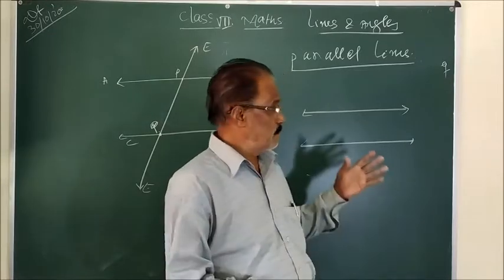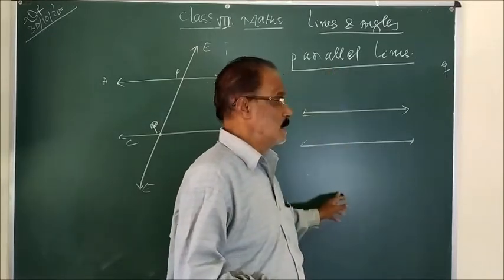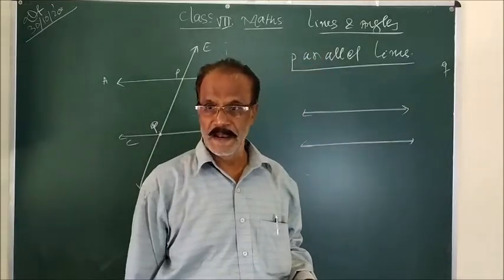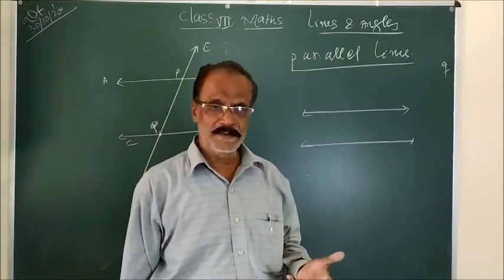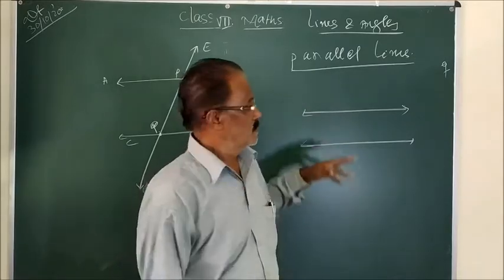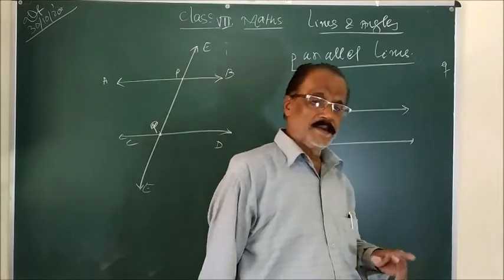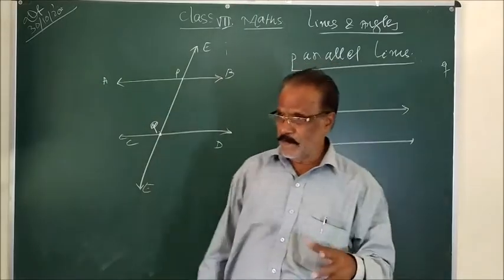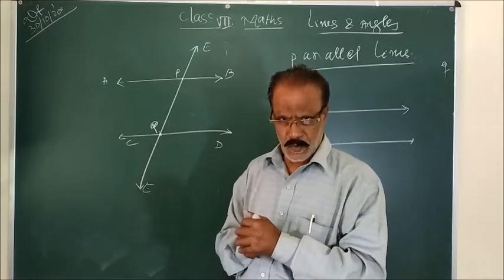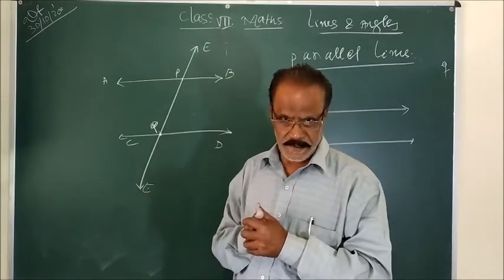If they are in different planes, suppose one line here and one line on the ground or on another plane, they will not intersect, but that cannot be called parallel lines. So parallel lines means those lines which lie in the same plane and never intersect.